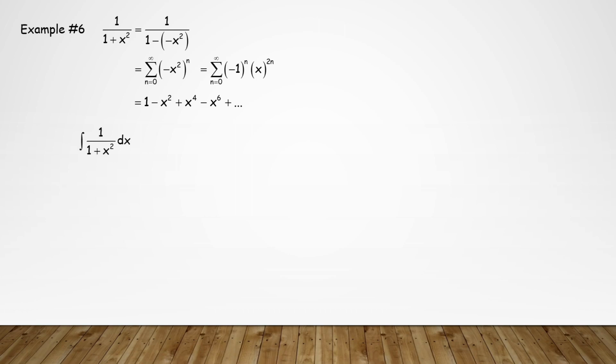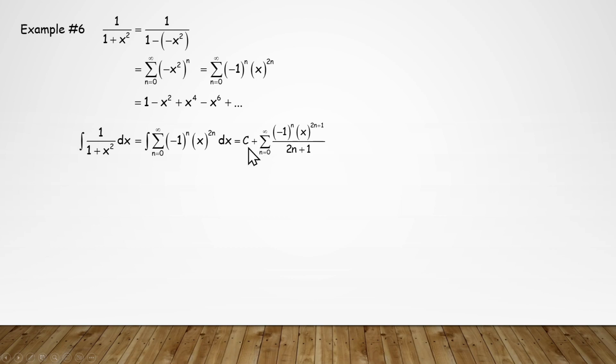So why couldn't we go ahead and integrate 1 over 1 plus x squared dx? If we did, the negative 1 would still be raised to the n because remember, it's a dx problem and negative 1 has nothing to do with the x, so that just stays the way it is. The x to the 2n, on the other hand, is actually going to get integrated, and you're going to see that now it's x to the 2n plus 1, but of course we'll have to divide by 2n plus 1.